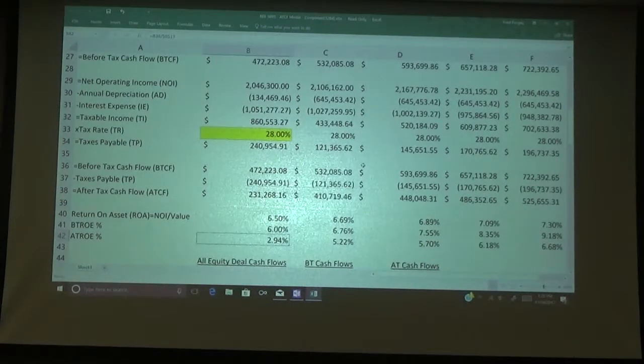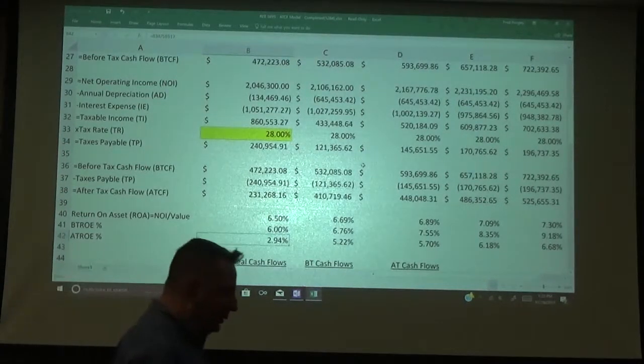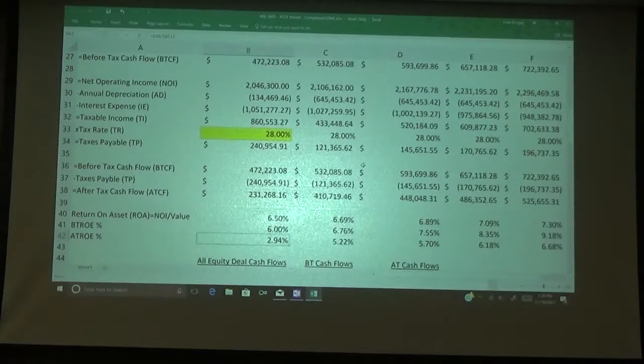Now, here's an interesting question for you. Would you expect, as a general rule, in most all cases with a few exceptions, your after-tax return on equity to always be lower than your before-tax return on equity? Yes or no? Why? Because you're taking taxes out.